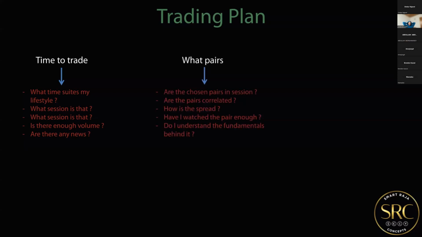Next, you're going to choose pairs. It's very, very simple. If you're choosing, let's say, New York session, choose a currency pair that's being influenced by just one currency, and you got to watch it. A lot of times guys say, oh, you know what, I'm going to choose pound USD, and I'm going to just focus on pound USD, and you watch pound USD for, let's say, a week, 2 weeks, and you're like, man, there's no volume in this, so let me switch to something else.